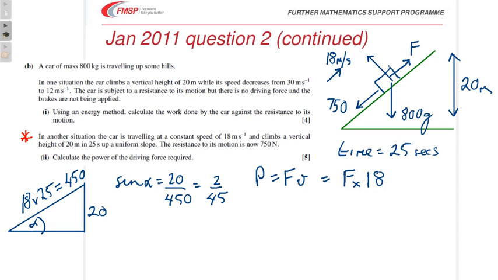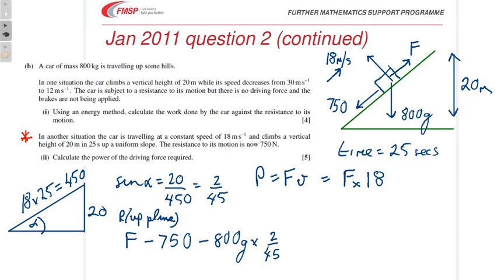So resolving up the slope, we've got F minus 750 minus 800g sine alpha equals 0. In other words, F equals 750 plus 800g times 2 over 45.